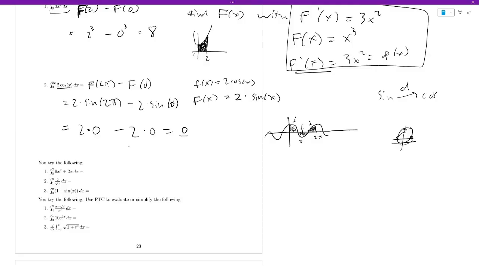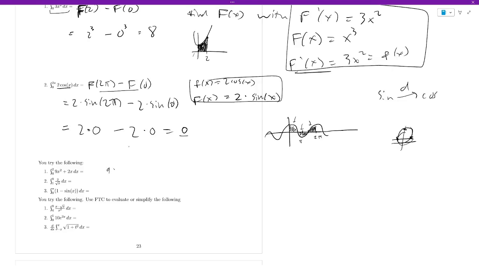Cool. So these say you try, so I encourage you to try these. I'm going to give you maybe a hint first, which is I'm doing a lot of writing up here just to be clear for the first couple times. But once you come up with an antiderivative, you can just write it down, right? Like if I remember the power rule, the antiderivative of x squared is going to be x cubed over 3.